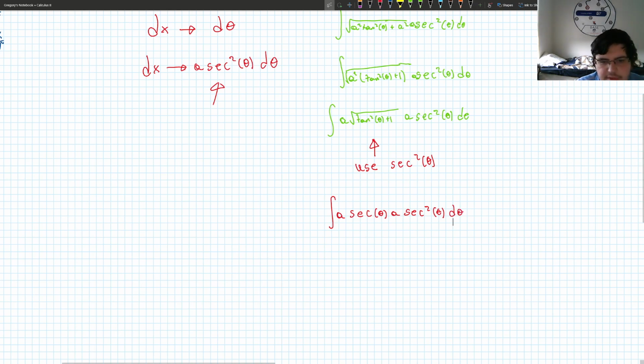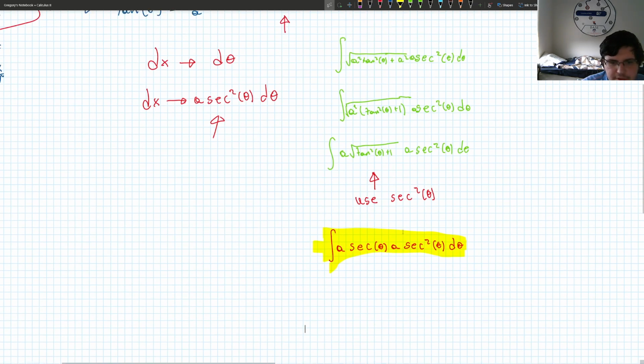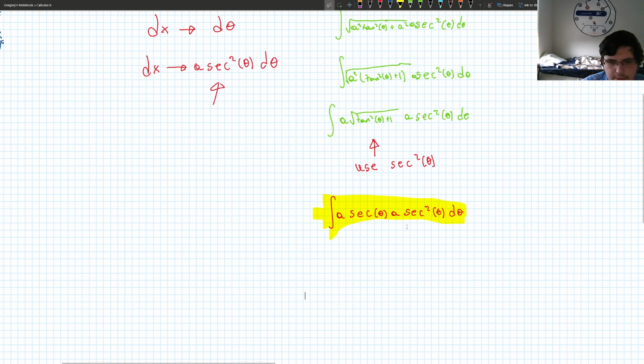So this is the kind of integral we're trying to work towards right here. So we're trying to work towards something that looks like this, because we can integrate this. We can integrate this via most likely a substitution, as we have a derivative right here.